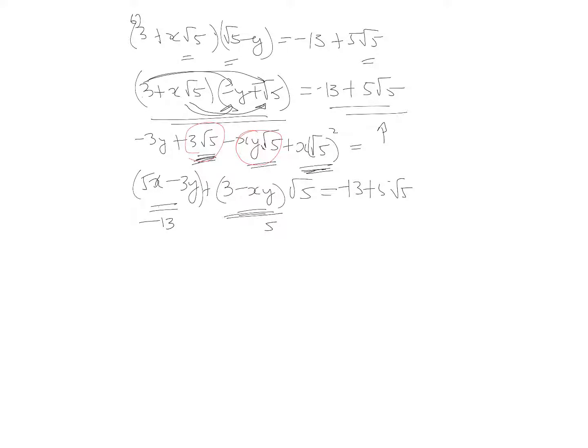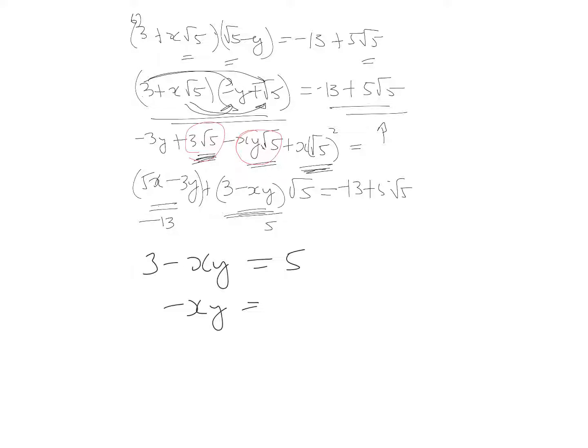Now, because xy is kind of funny, it makes sense to find out what xy is. So why don't we do that? So let's take this part of the expression. We will say 3 minus xy is equal to 5. And therefore, negative xy is equal to 5 take away 3, which is 2. xy is equal to negative 2.